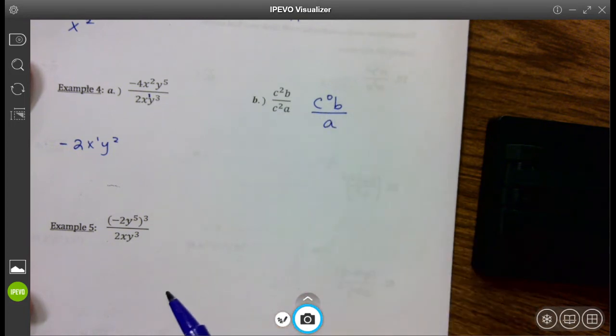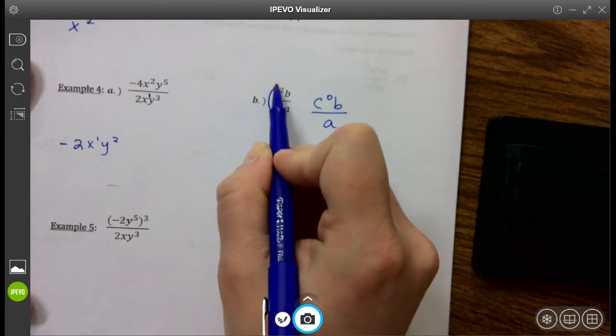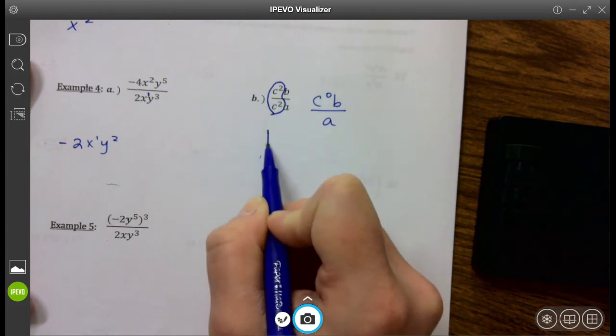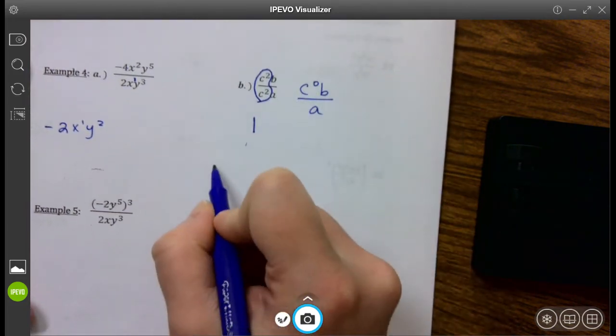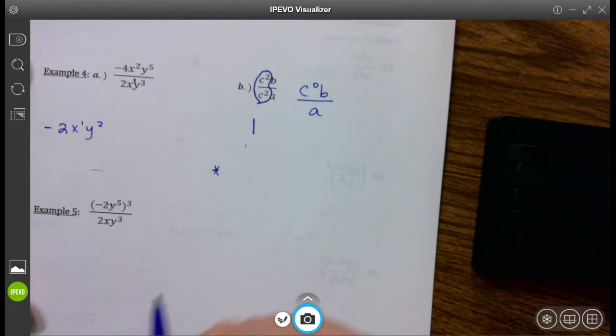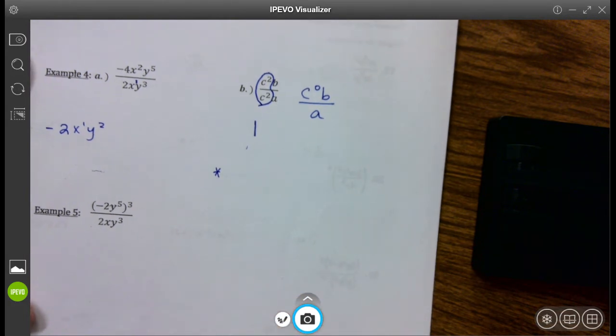We have a 0 there. Do we leave it like that? Well, what's c squared divided by c squared? That is 1. So here comes our rule about anything to the 0 power.